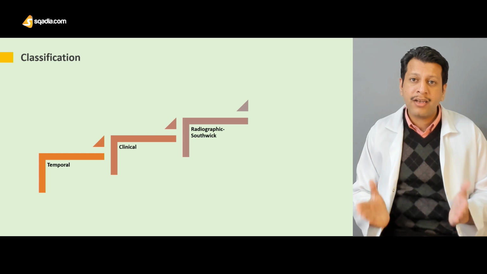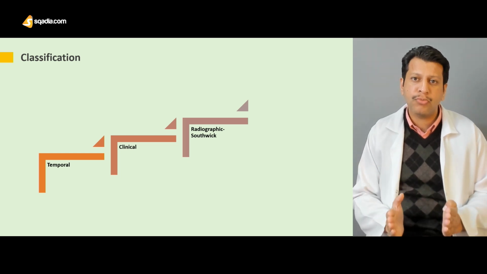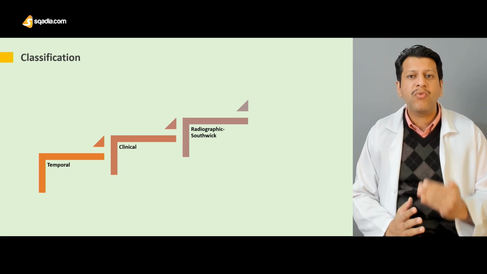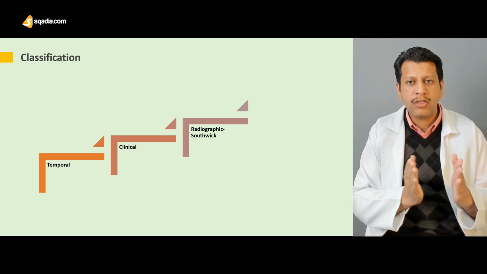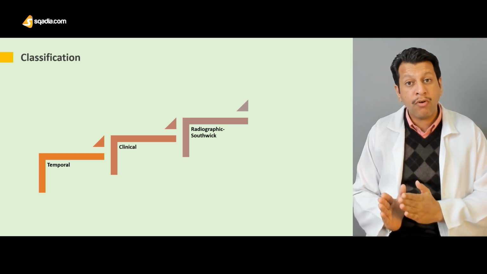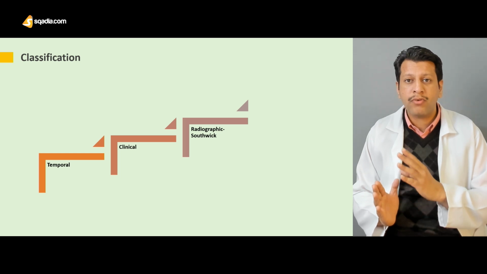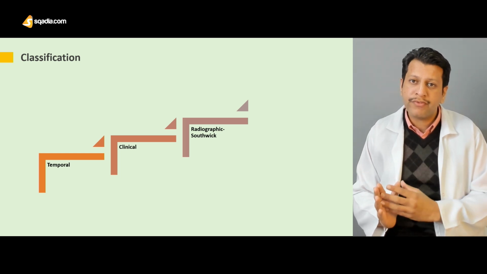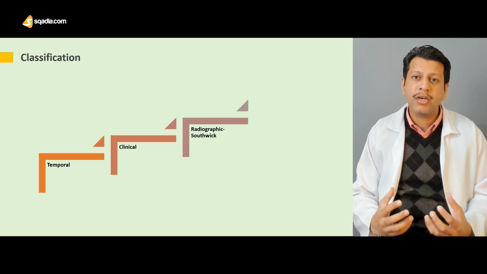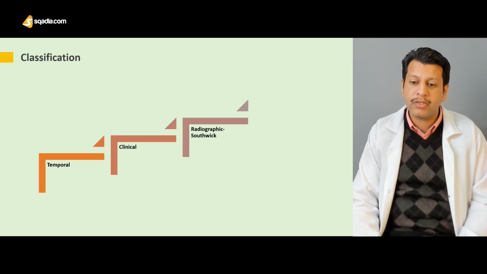If it's bilaterally involved, then you calculate it on both sides and subtract 12 degrees from both sides. If, for example, one side is involved, you calculate the normal side first, then you calculate the slip angle on the involved side, and then you subtract the angle of the normal side from the involved side, and you calculate the relative slip or actual slip angle present on the involved side.